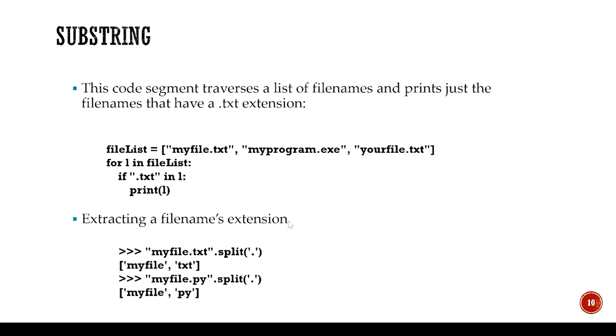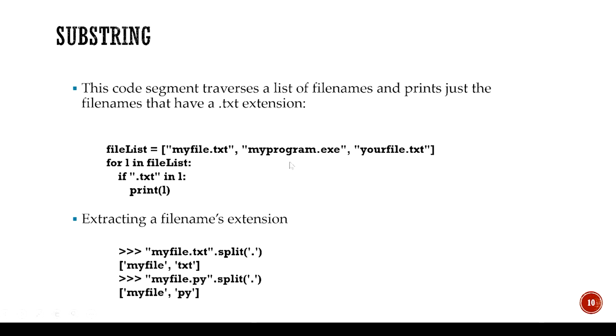Now we want to discuss substrings. So in this example, we want to traverse a list of file names and find the file names that have a .txt extension. It means that we are looking for specific characters in strings. As you can see in this example, we have a list.